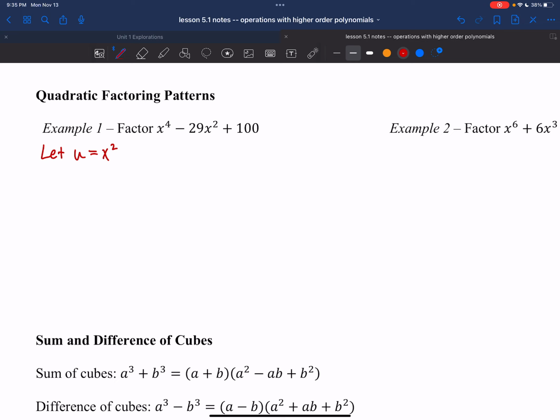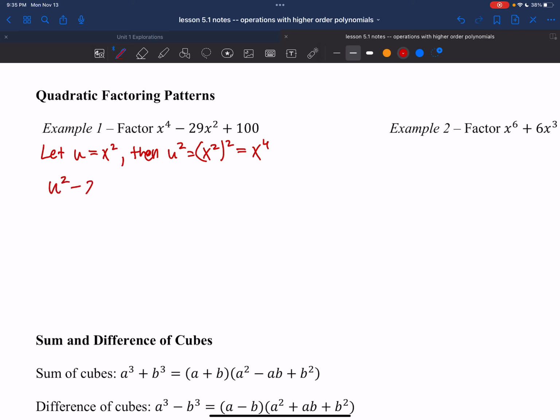If u is x squared, then u squared is x to the 4th. So replace this stuff with u. You see, x to the 4th right here is u squared.